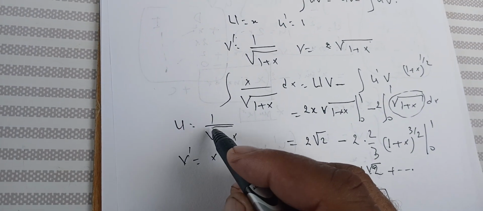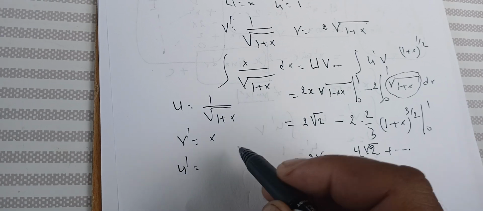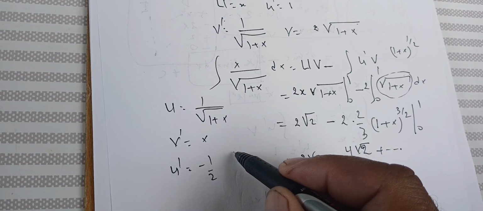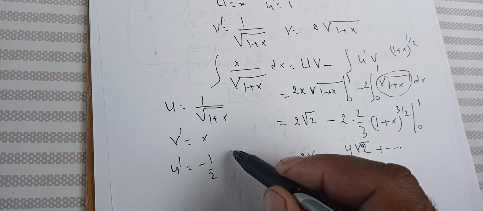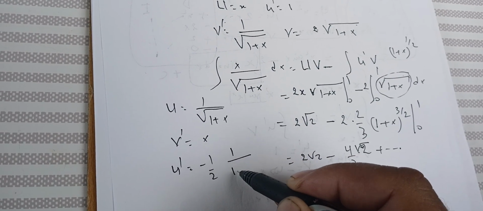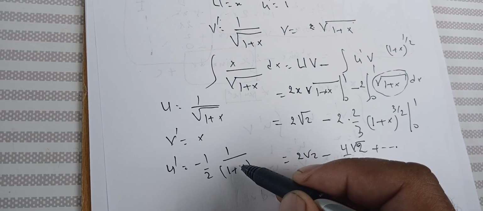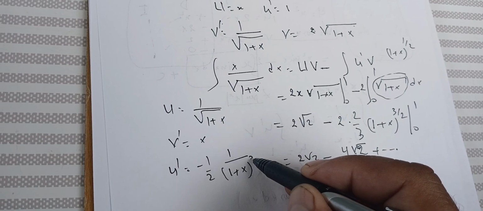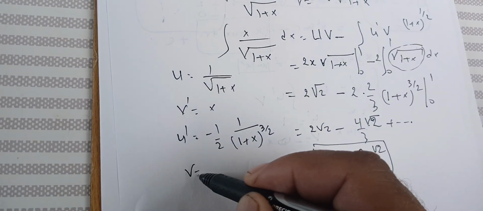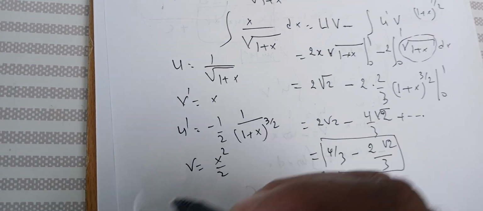therefore I have u prime is going to be minus 1/2 times 1 over 1 plus x to the power 3 over 2. And my v is going to be x squared over 2.